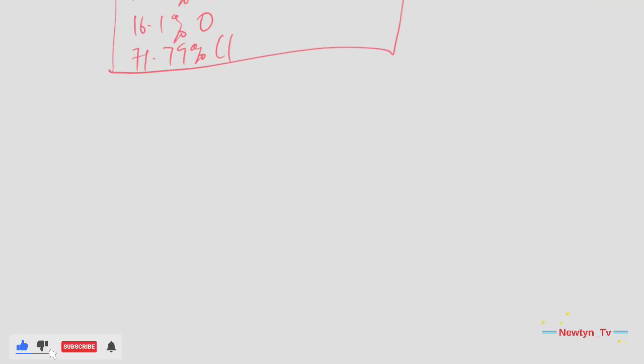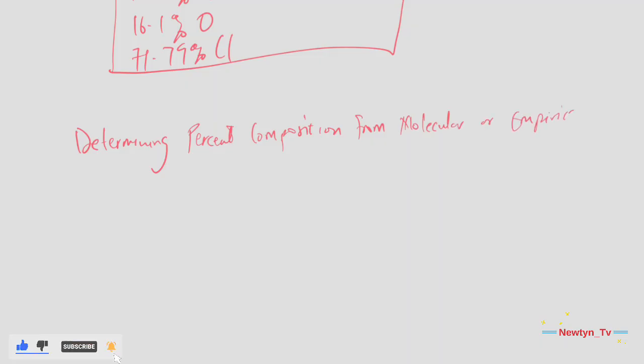So we are going to determine percent composition from molecular or empirical formula.